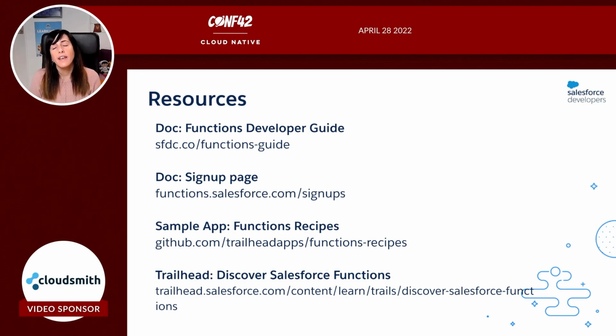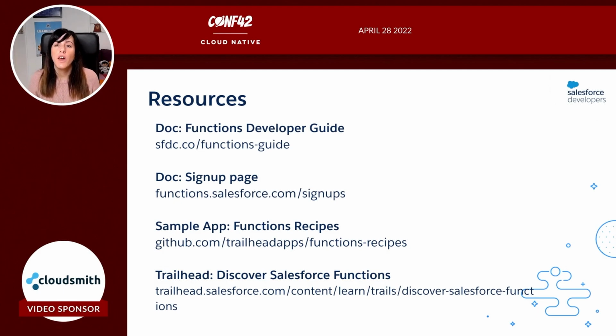To finalize, I want to summarize the resources that I have shared along the talk. First of all, you have the documentation, the developer guide. Take a look at it to get started. You also have the sign up page in which you will be able to request a trial for free to try out Salesforce Functions.